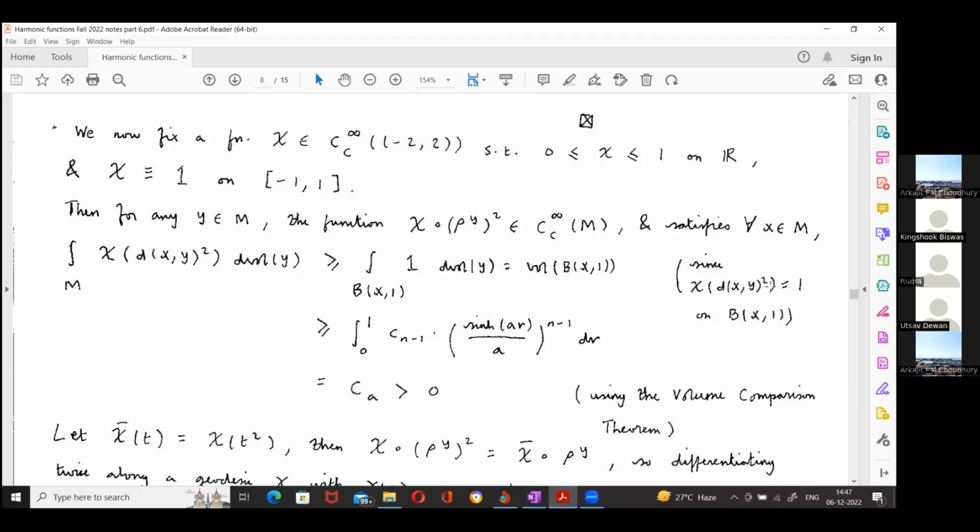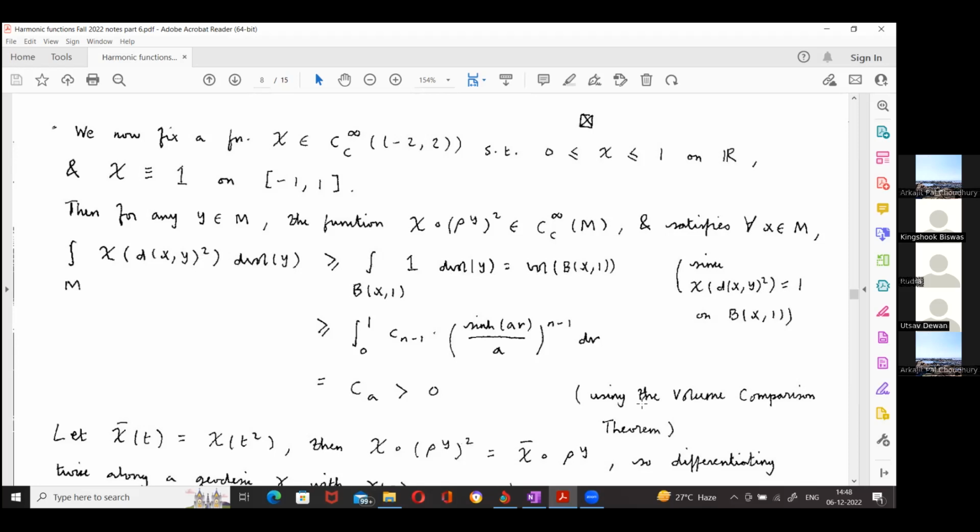So chi of d_xy squared is 1 if d_xy is less than or equal to 1. So on the ball of radius 1, this chi composed with d_xy squared is constant equal to 1. Therefore, this integral is greater than or equal to the integral over the ball of radius 1 around x, d vol y.